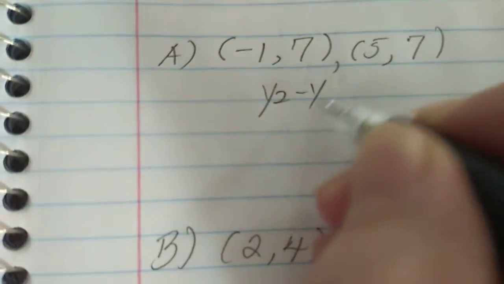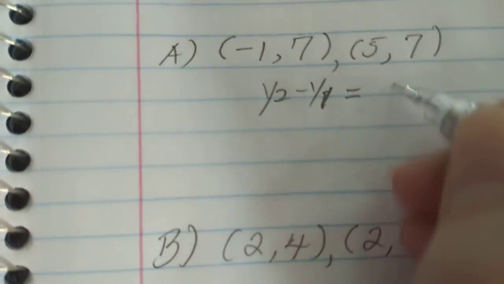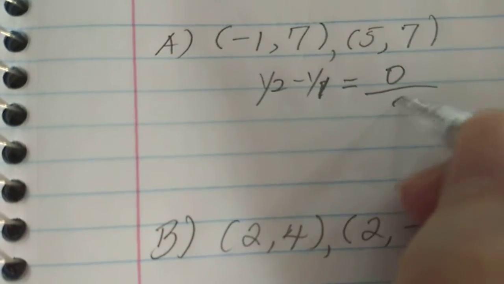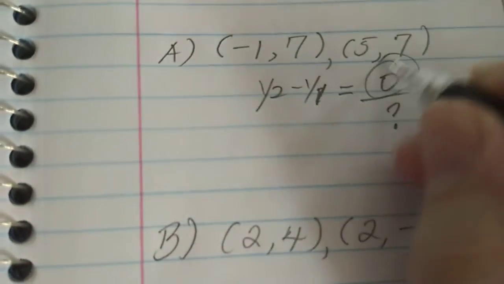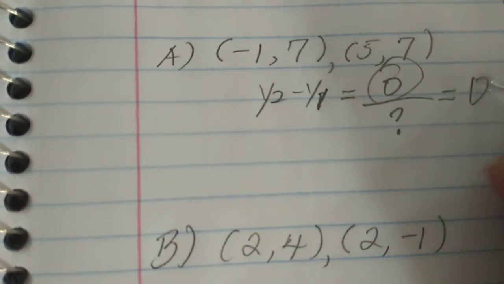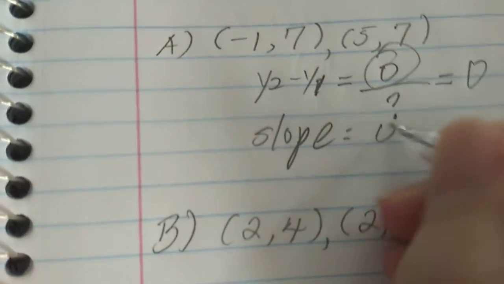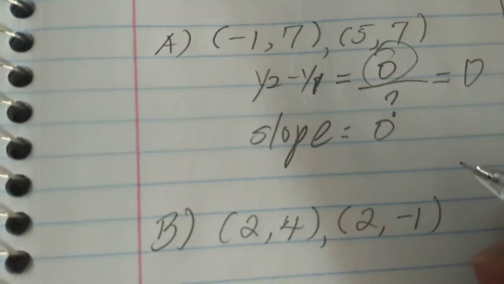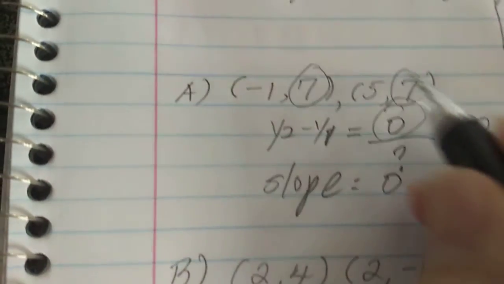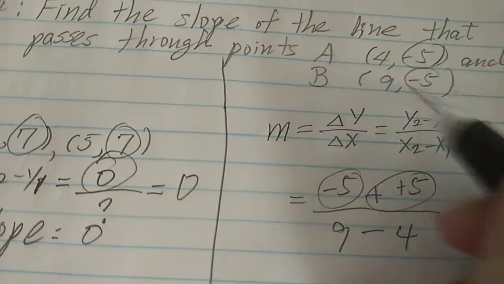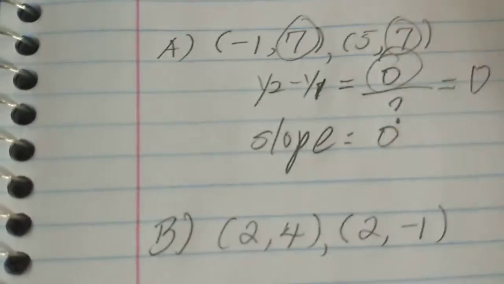So if you take y2 minus y1, you will get 0 on the top, so it doesn't really matter what's on the bottom. As long as this part is 0, your answer is 0. So for this one, the slope is also 0, or no slope. Now you can see that when the y coordinates are the same, you get 0 slope.